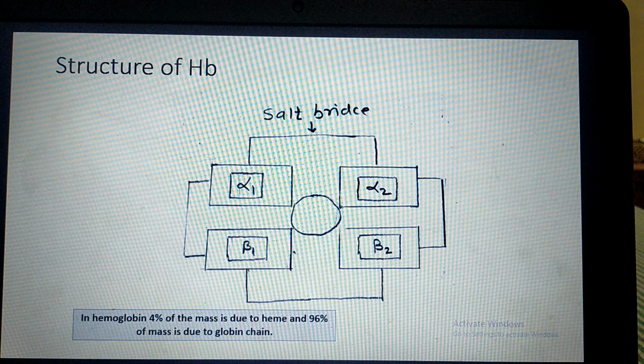Apart from this, when hemoglobin is in the deoxy state, these 4 subunits are bound together by salt bridges. But these salt bridges are not present in oxyhemoglobin. They are present only in deoxyhemoglobin. Now each subunit is made up of heme and globin. If you compare the weight of heme and globin, 4% of the weight of hemoglobin is made up of heme, whereas 96% of the mass of hemoglobin is made up of the globin chain.